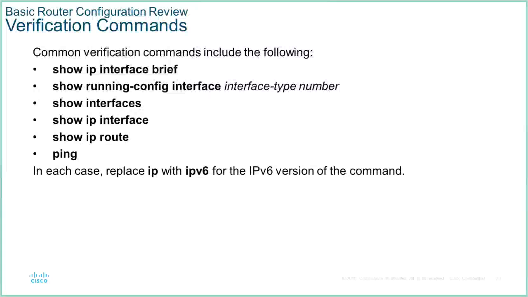Show ip route will show us our forwarding table, and ping can be used to confirm connectivity to another device. Now, replace ip with ipv6 for their version of the same command.